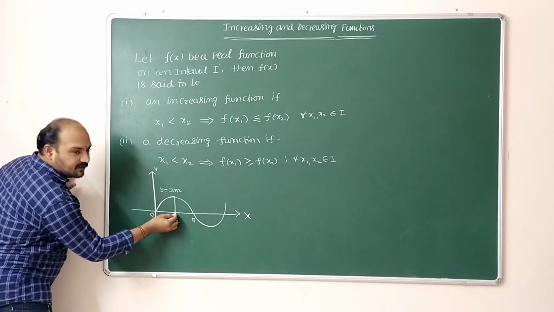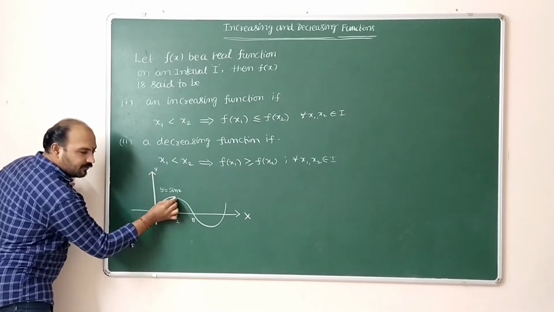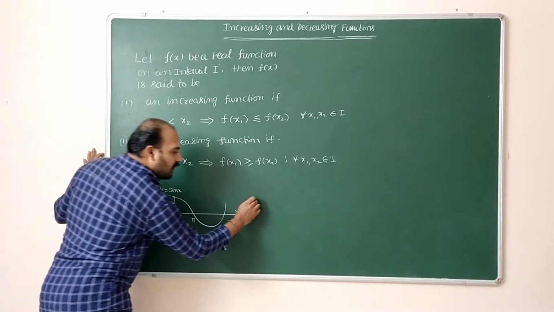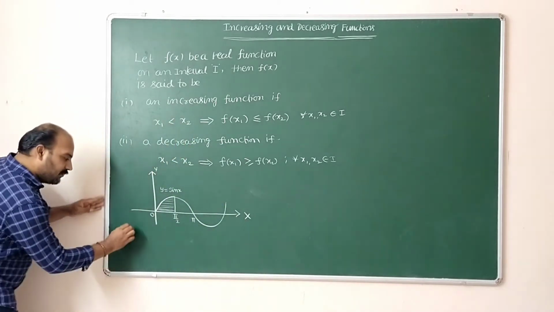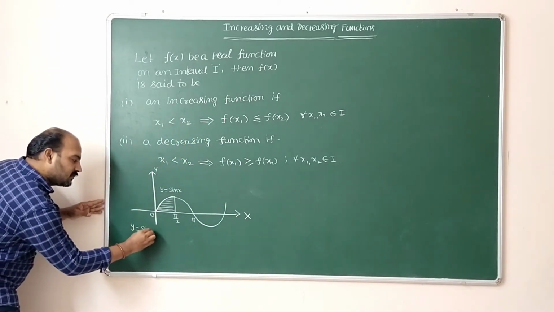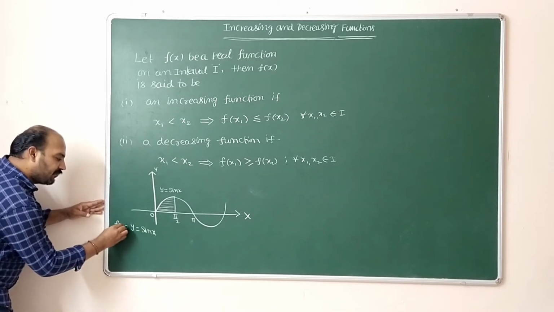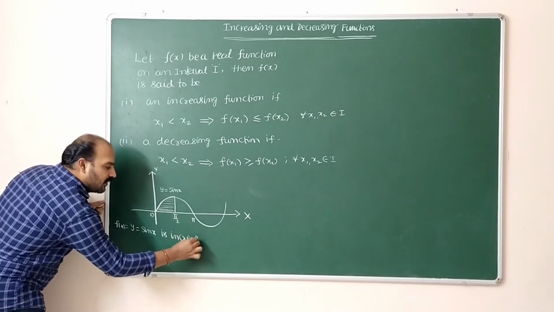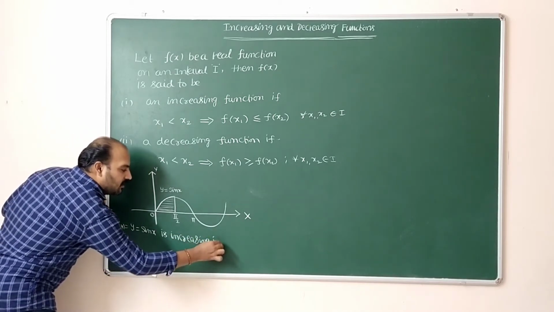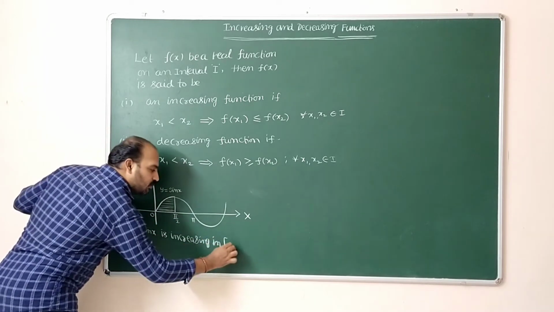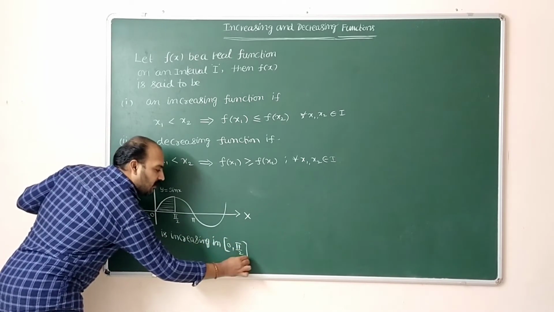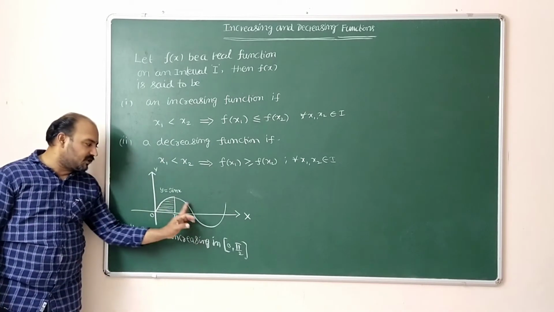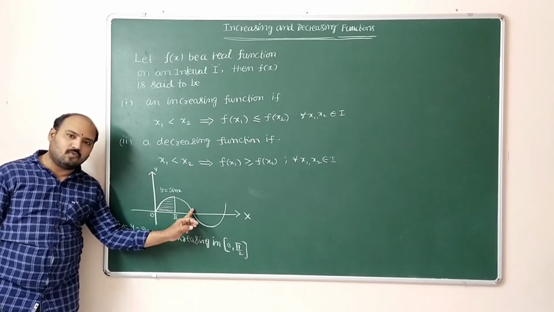So we can say y is equal to sin x, y means f of x, is increasing in the closed interval 0 to pi by 2. From pi by 2 to pi, obviously the function is decreasing. The curve is downward.